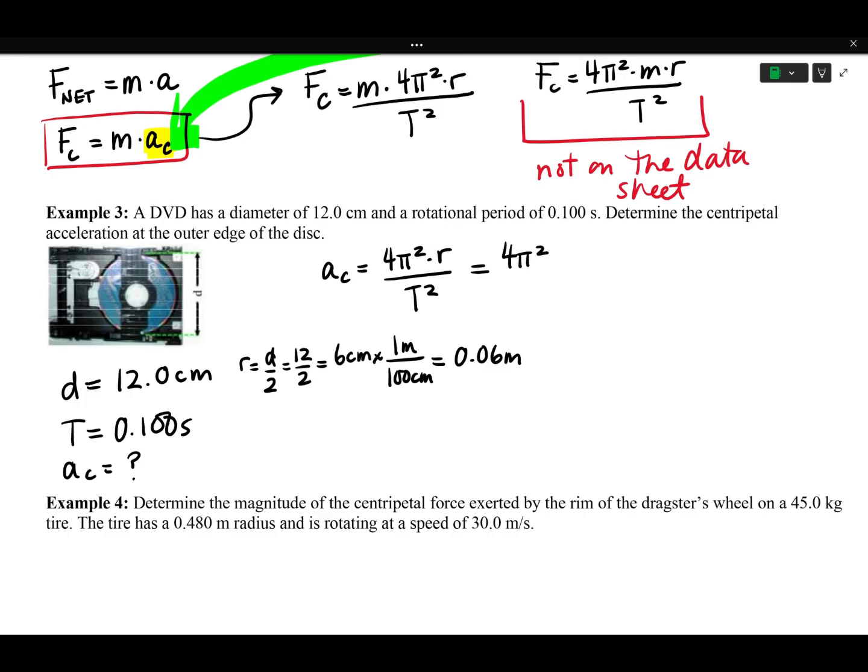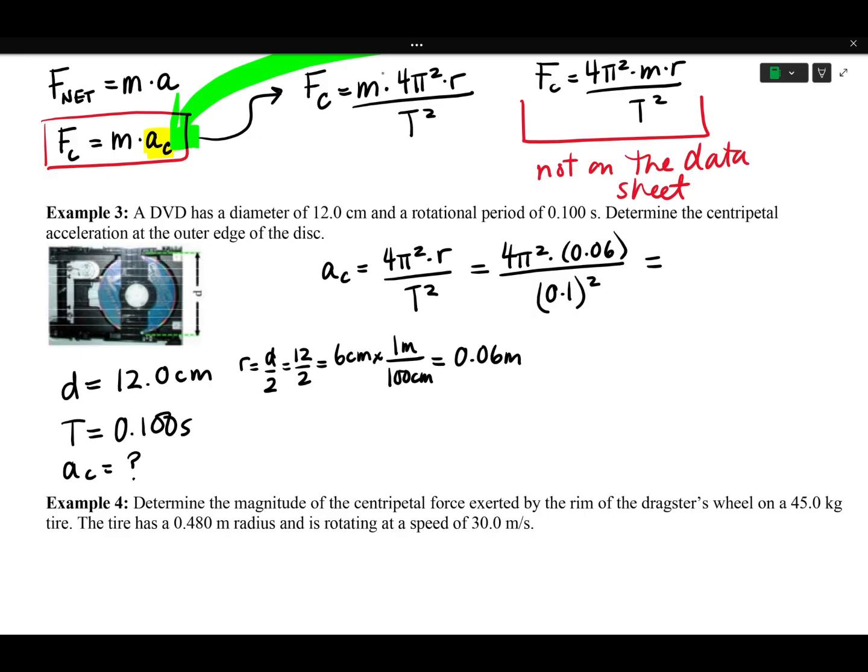So 4 pi squared times my r, 0.06, all divided by 0.1 seconds, and I'm going to square it. Don't forget to square it. Take a second, plug that into your calculator.